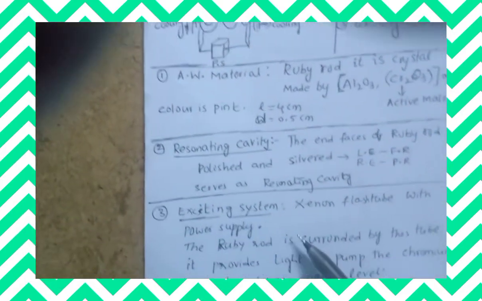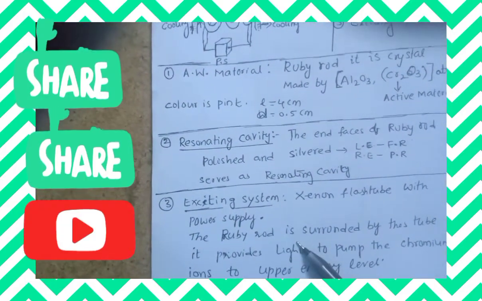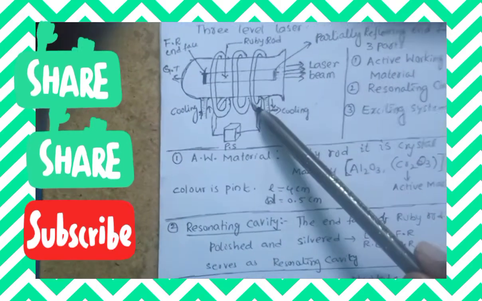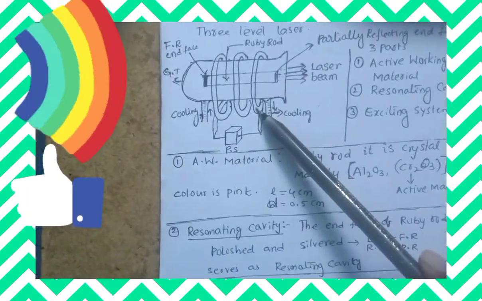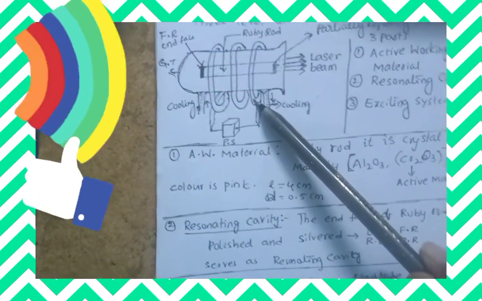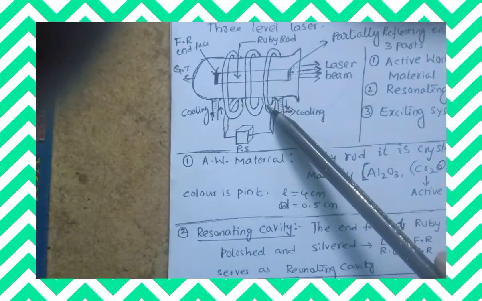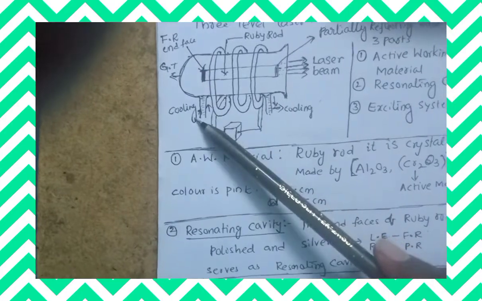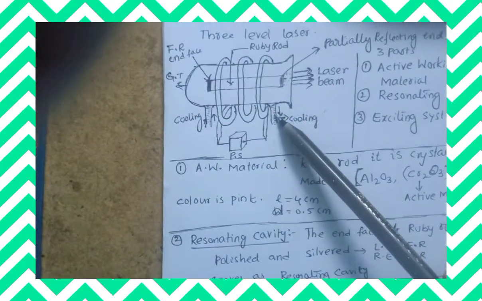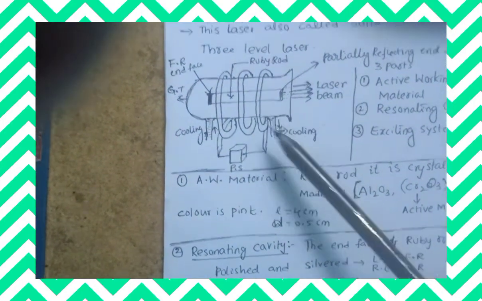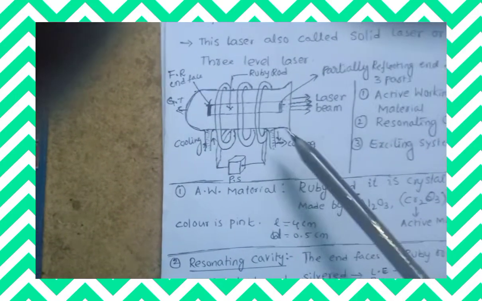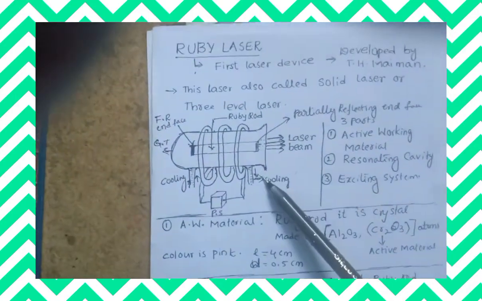When the xenon flash tube gives light, it also produces some amount of heat and heats up the apparatus, so a cooling arrangement is also provided. This is the total construction of ruby laser.